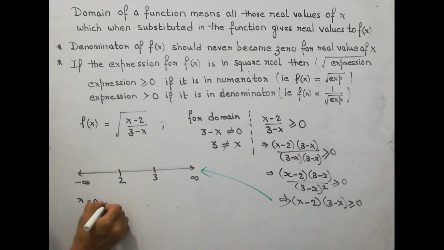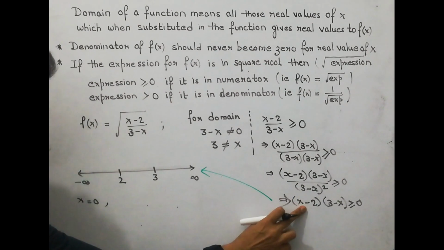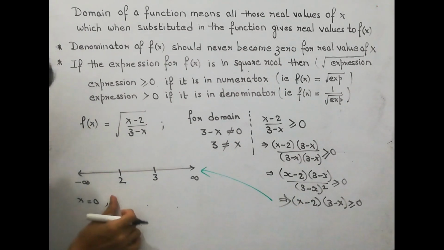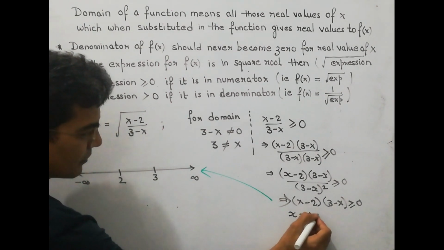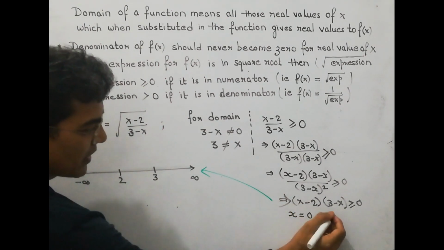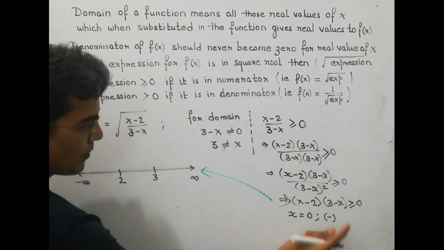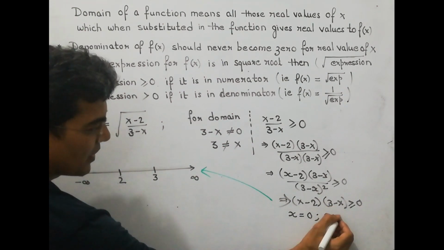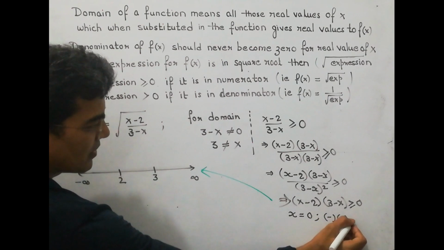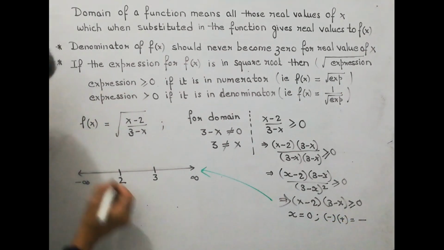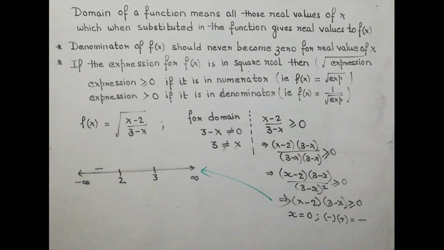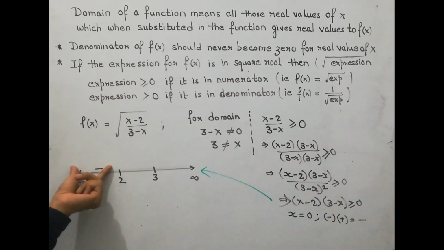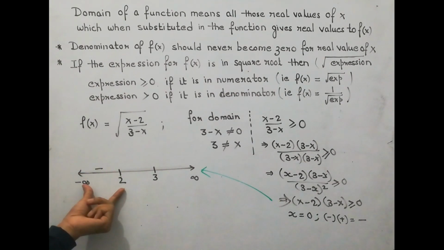Now when you substitute 0 over here, this will become minus. Substitute 0 over here, this will become plus. Plus into minus will give you minus. So we can say that this interval is negative. So in this interval, f(x) will be negative for any real value of x.